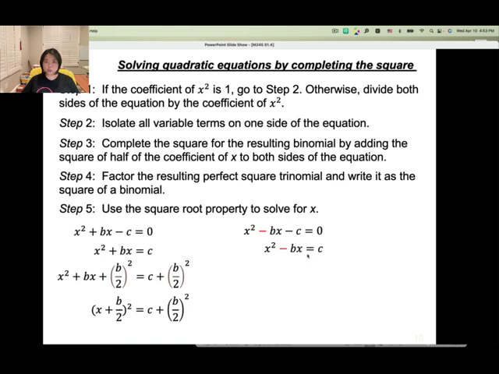Isolate all the variable terms on one side, and then we add b over 2 squared. That is supposed to be negative b over 2, and then you take the square. But when you take the square, the negative goes away. If this is negative, this is going to be negative. If this is positive, this is going to be positive. And then we factor it as x minus b over 2, squared. Okay, this is the method of completing the square.